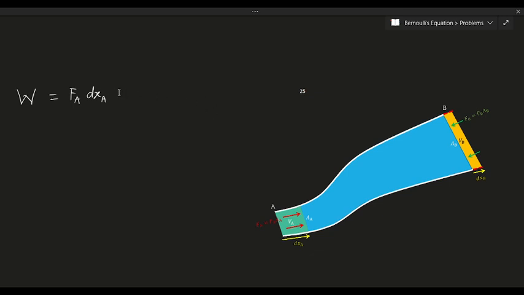This is the work done on the first liquid element by the external force Fa, and we sum the work done on all the liquid elements in between these end liquid elements, meaning liquid elements 2 to n minus 1. The work done on them we denote by Wi and call the internal work done. And then the work done at the last liquid element. The last liquid element, the nth liquid element, is actually moving against the external force Fb. So here the work done will be negative.